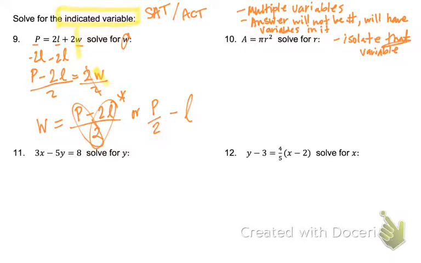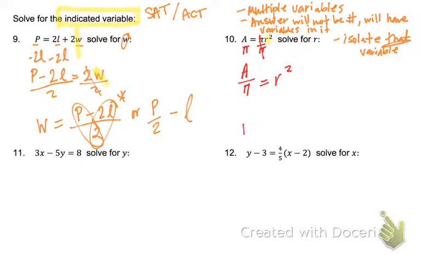All right, try number 10, solving for R. So I'm going to highlight R. I want you to try it. So first step, if it's attached to pi, I'm going to divide both sides by pi. And I have A over pi equals R squared.